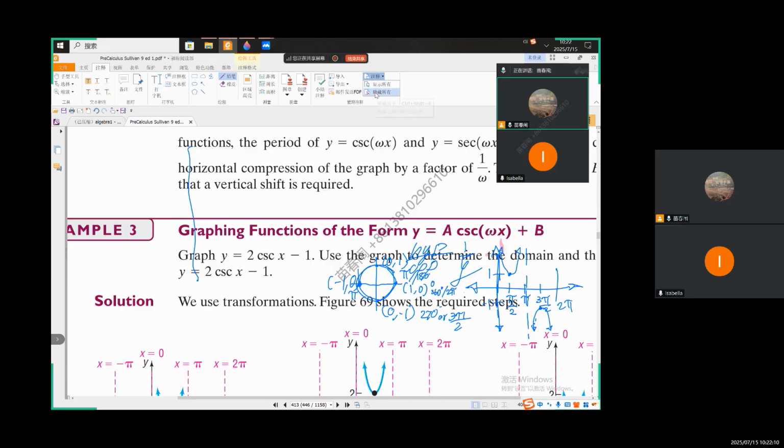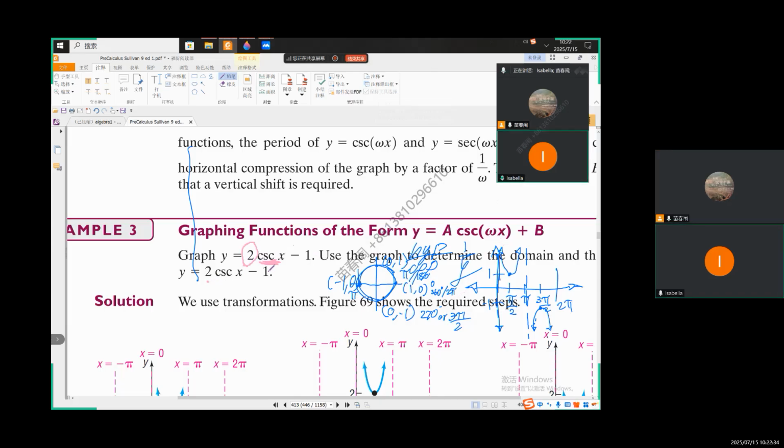Then you times a 2, right? Because you find cosec x basically, right? Yeah. Then you have the times 2, right?